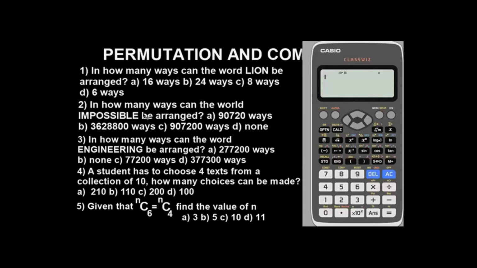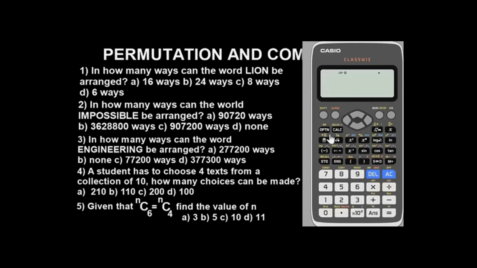So 10 letters make up the word impossible. In this word, we have some letters that have been duplicated. We have S and I. So S and I are being duplicated. I is duplicated twice, S is duplicated also twice.